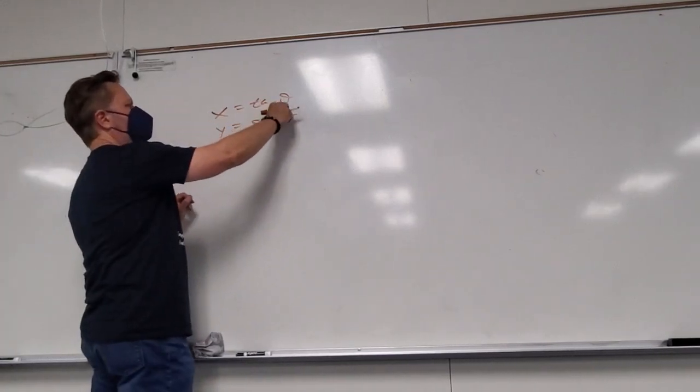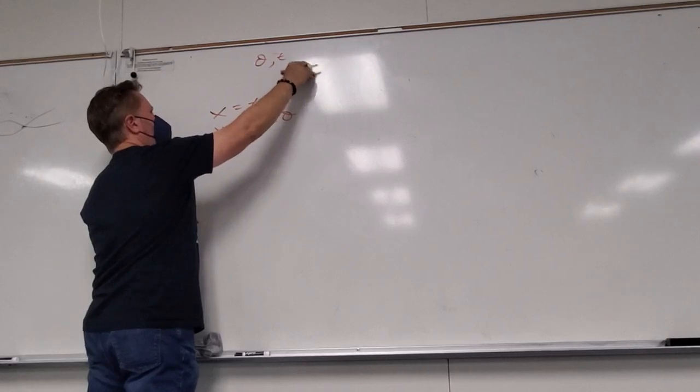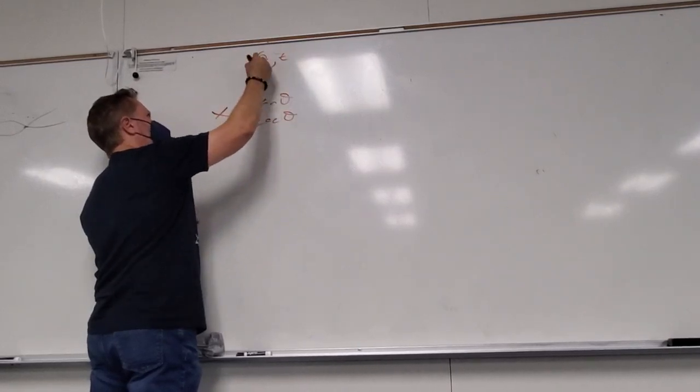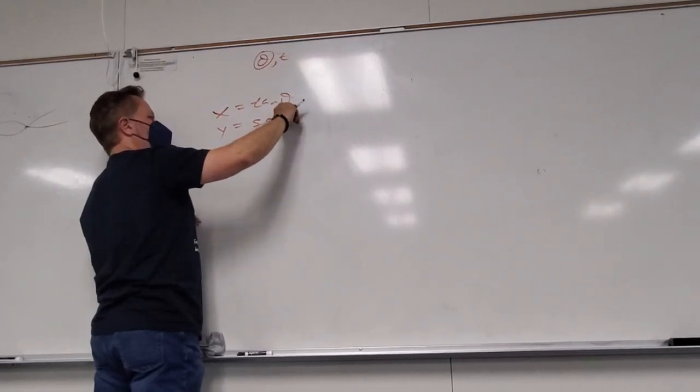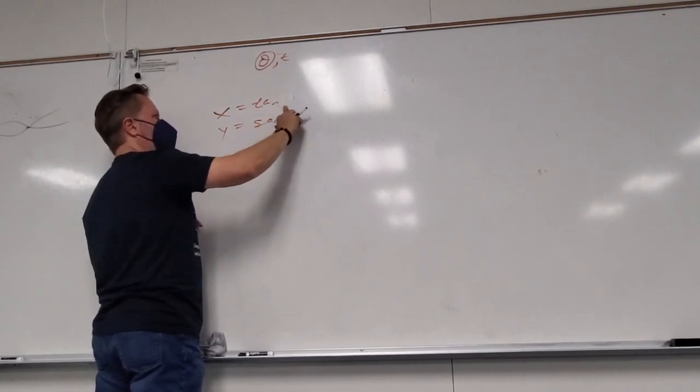And actually, theta and t are very often used for parameters. If I have trig, we often use theta, but the book I noticed uses t exclusively. But let's just make this t to make it more like the book.